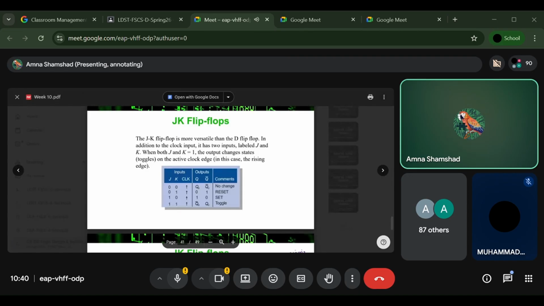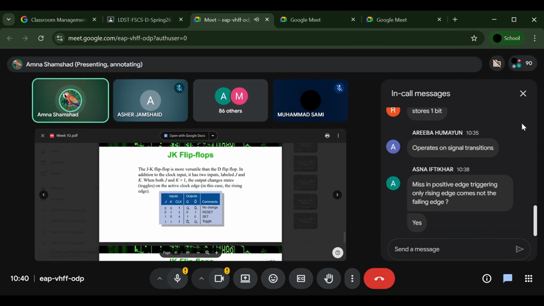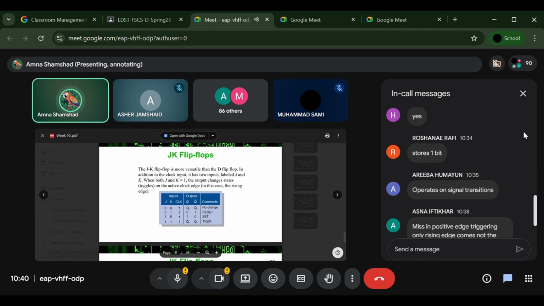Quickly. Shehzadi, Vania, Habib, can you tell me the main characteristics of the JK flip flop? Quickly answer. We have very little time. Yes, Rafe Jamal.